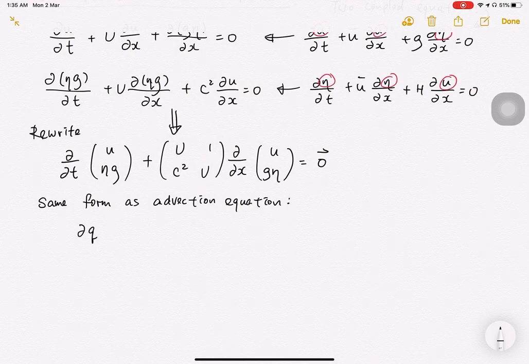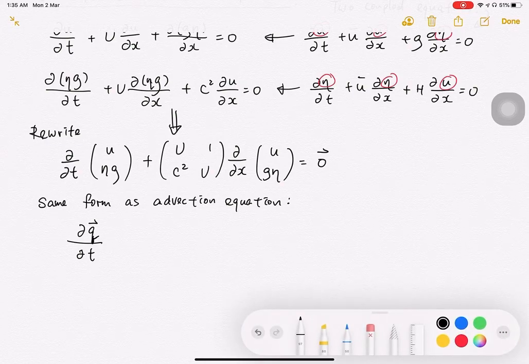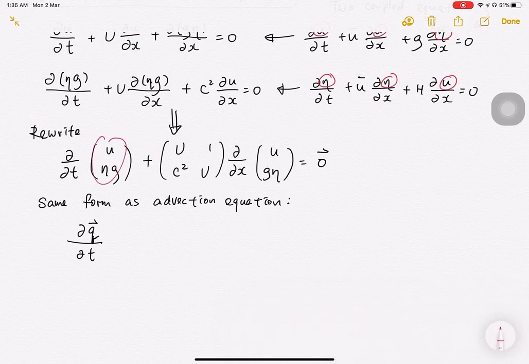In this form, this is Q. Q is a vector of U and eta g.